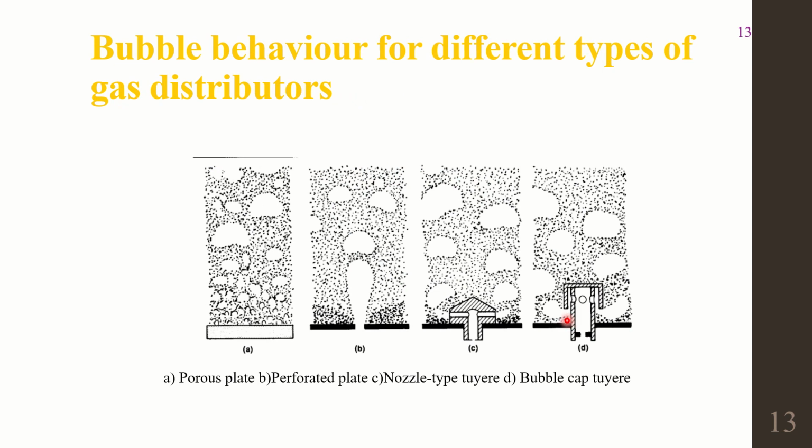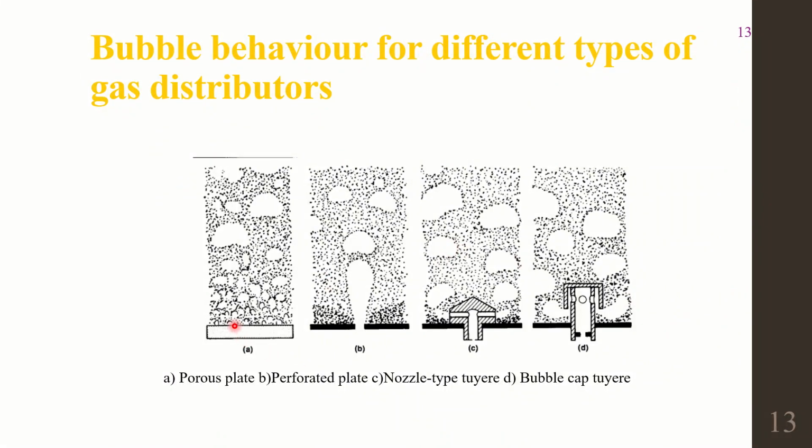And next comes the bubble behavior for different types of gas distributors. So when we are passing the fluid inside the bed, it is not always the same type of bubbles that will be formed, right? So in a bubbling bed, it is necessary to study how the bubble formation is happening. For example, if we look into this picture, this is the porous plate distributor. Depending on the type of distributor, the bubble size and shape is influenced.